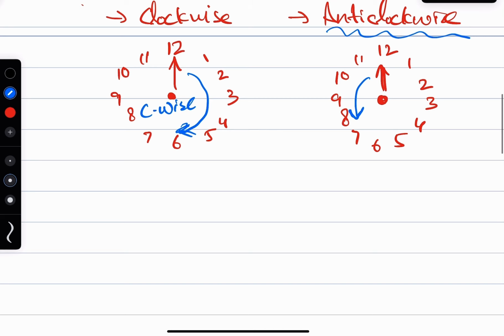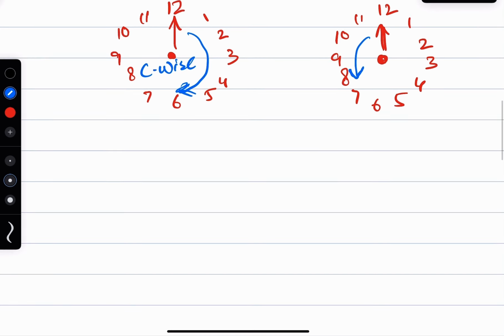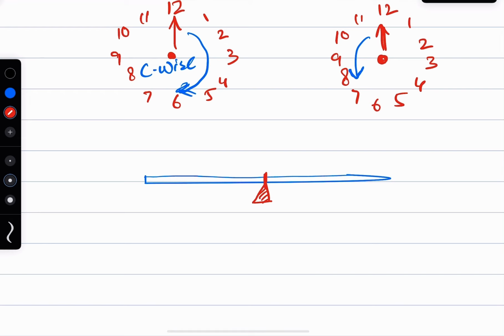Okay, so if we consider a practical scenario, let's take the example of a seesaw. There is a plank that is placed on some support. This is the point about which the body will rotate, so this point is known as the pivot point. It can be anywhere; it's not mandatory that it will be at the center.